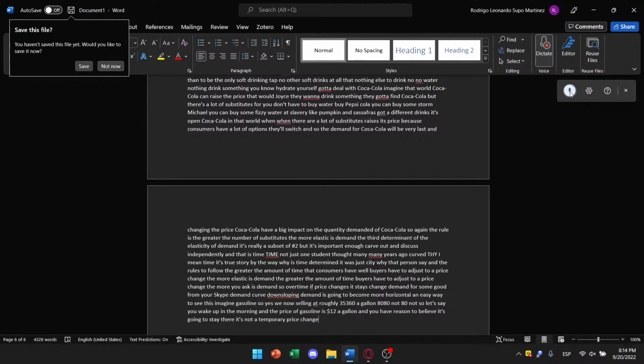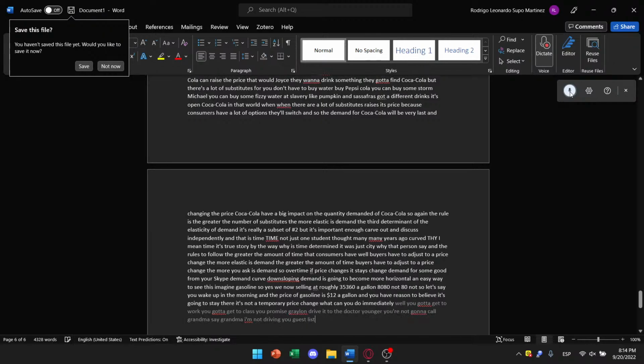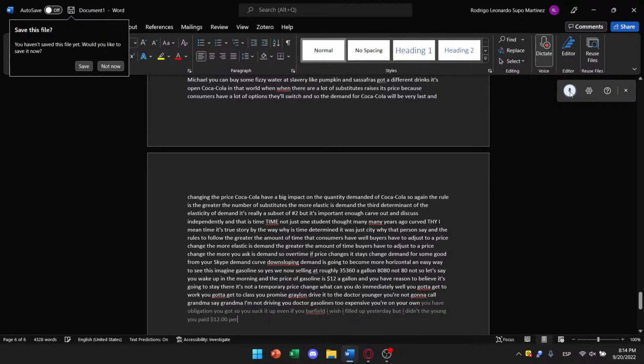Well, what can you do immediately? Well, you got to get to work. You got to get to class. You promised Grandma to drive her to the doctor. You're not going to call Grandma and say, Grandma, I'm not driving you to the doctor. Gasoline's too expensive. You're on your own. You have obligations. So you suck it up. You go and you pay $12 per gallon for each gallon of gasoline.